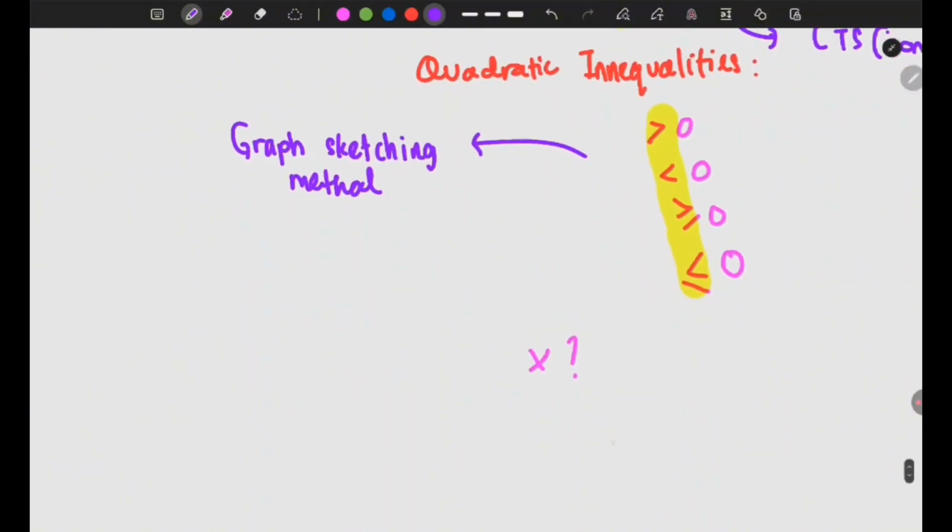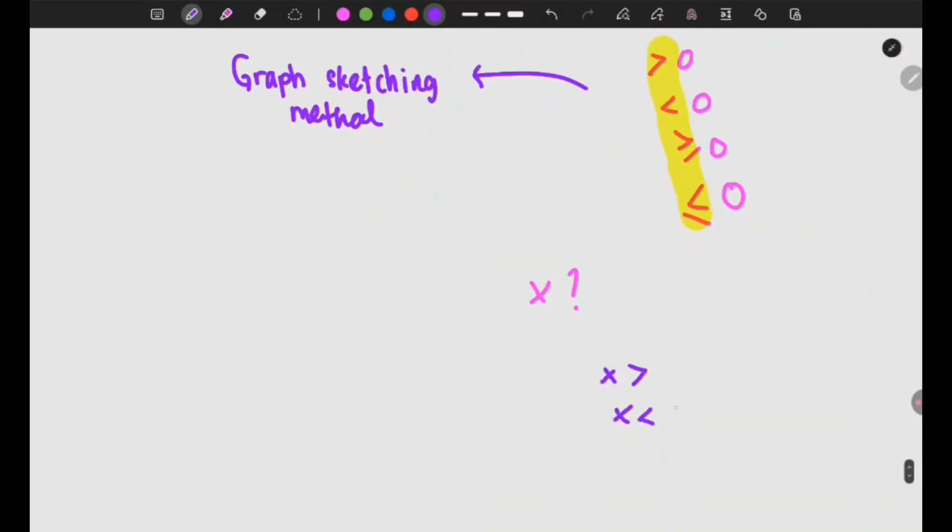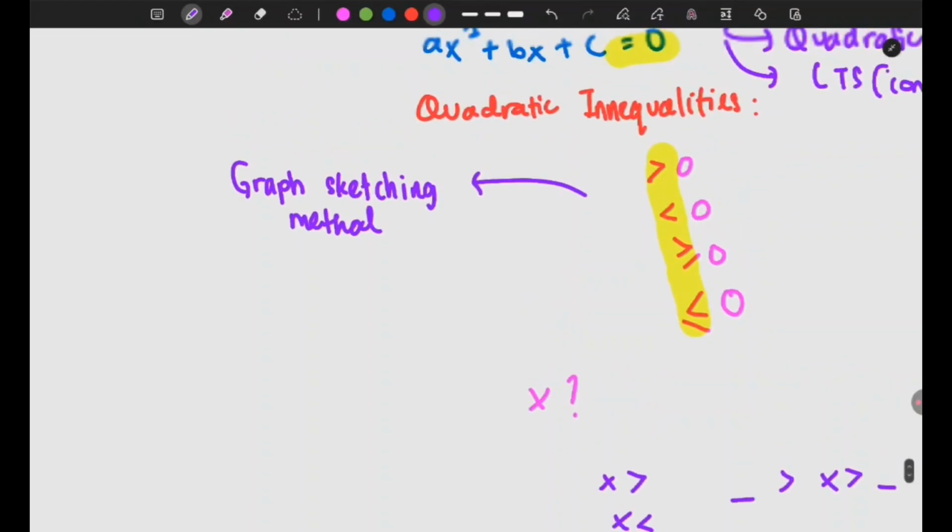Maybe x can be more, or x can be less, or x can be in between these two. You can only find the range. And now we find it through this graph sketching method. Next is the number line method.